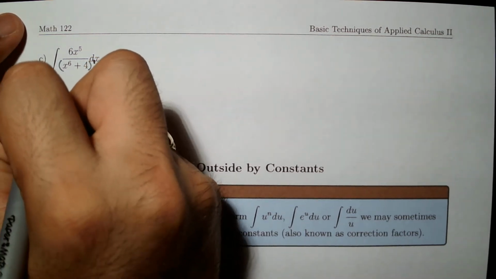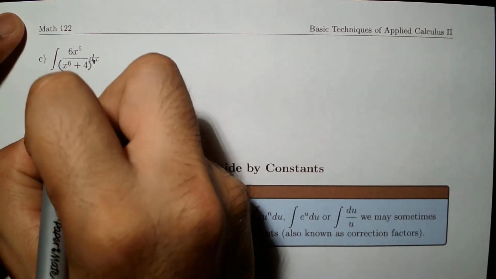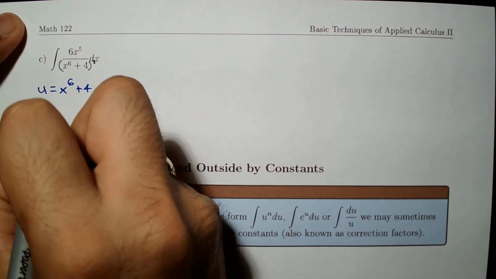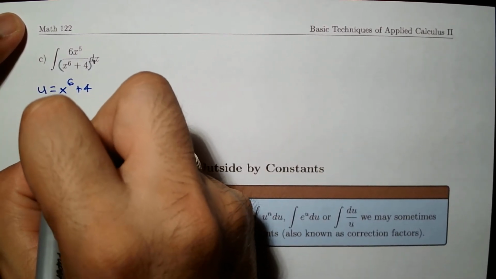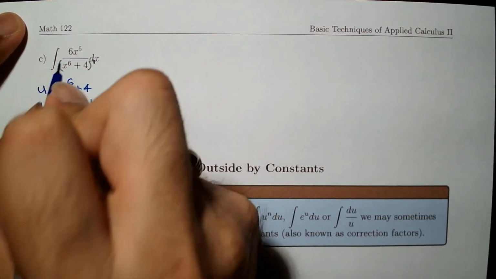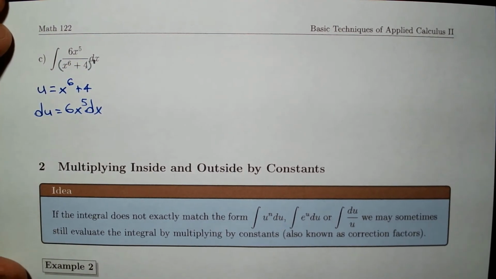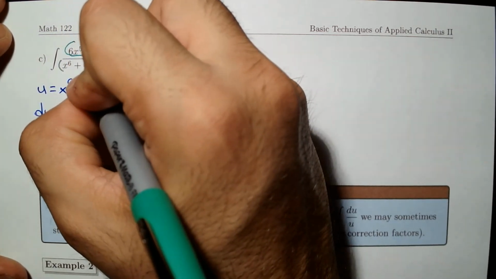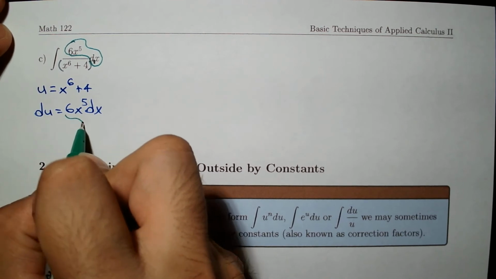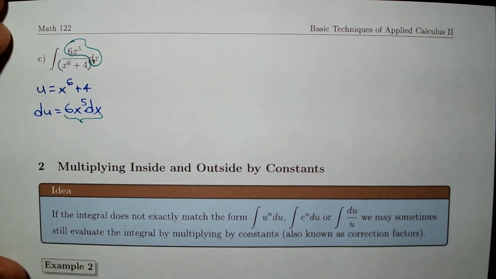So u equals x to the 6 plus 4. The differential of this expression is going to be 6x to the 5th dx, which is exactly what we have at the top. So this that I'm grouping here matches our du.